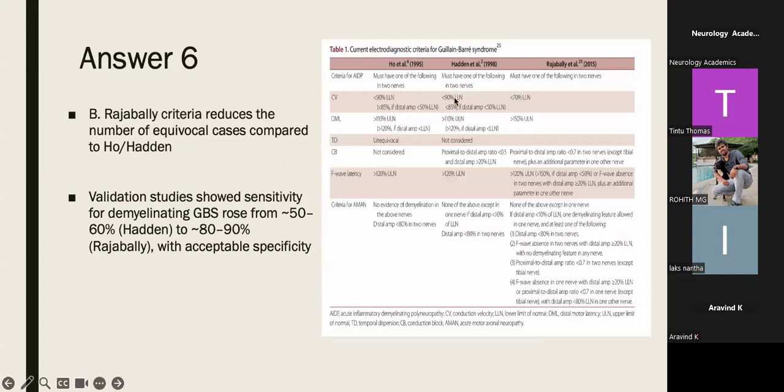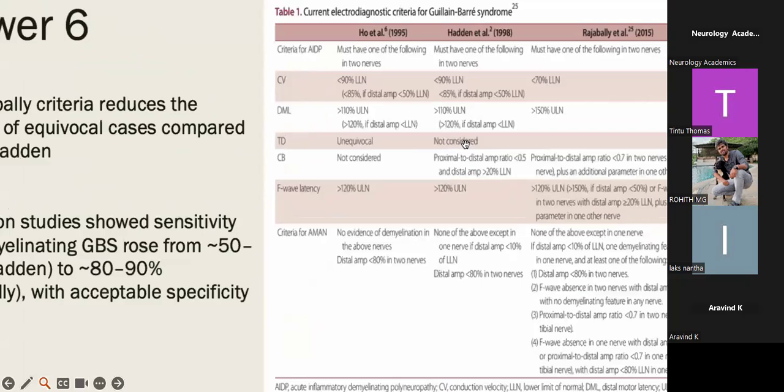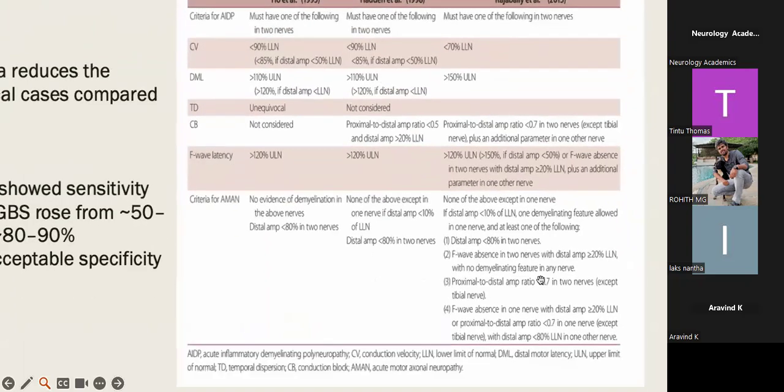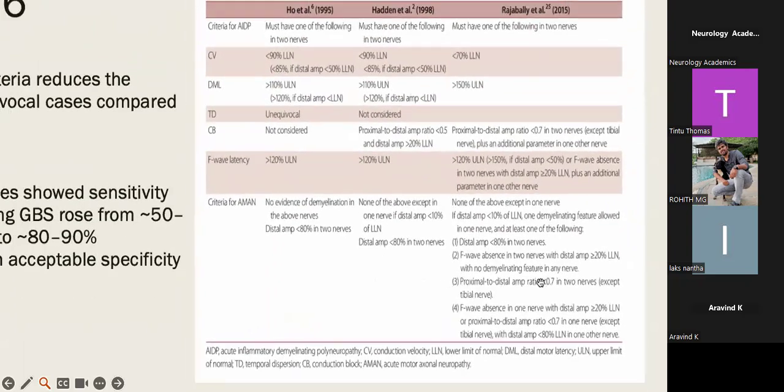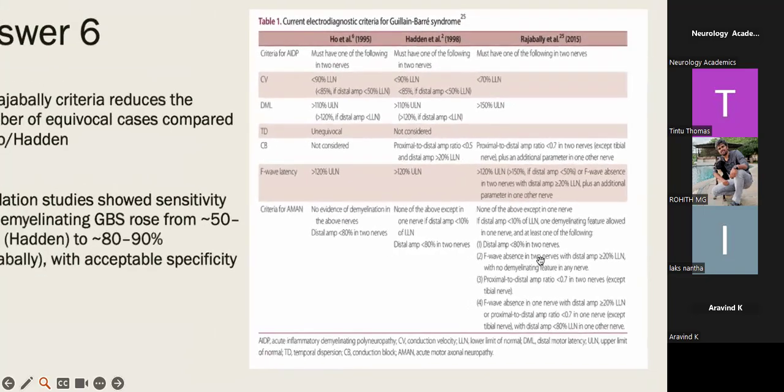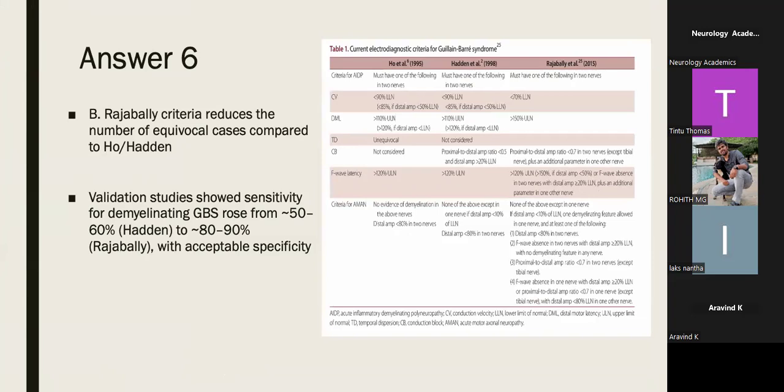The first column is Ho, then the second is Hadden, and then the Rajabally criteria. He actually made more stringent criteria with respect to the conduction velocities and the distal latencies, and added a criterion for AMAN, which was not well established with Ho and Hadden, where he said even if there is even in one nerve a distal amplitude reduction to less than 10% of the lower limit, and there is an additional demyelinating feature, we can take it as AMAN, which was not there in the previous two criteria, and that was leading to a lot of equivocal diagnoses.